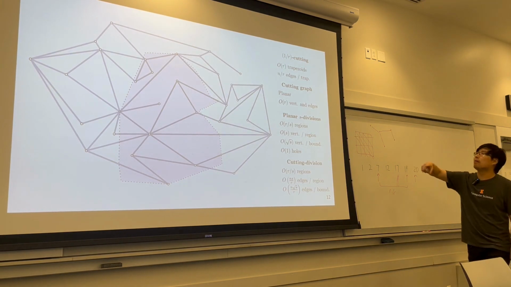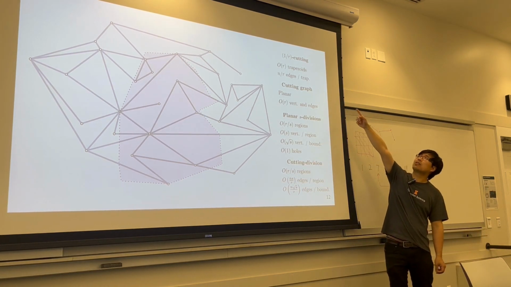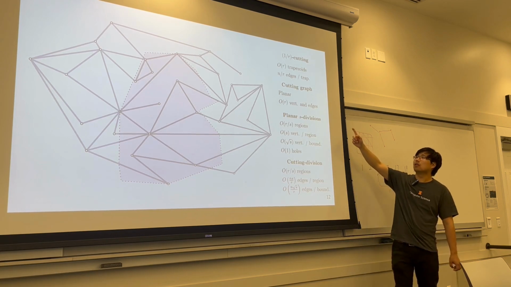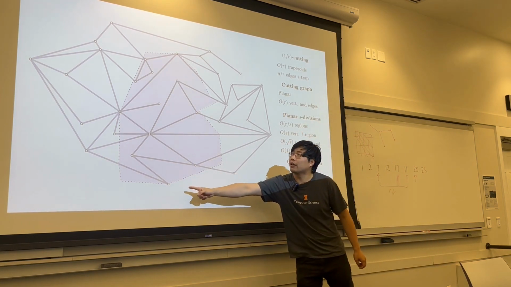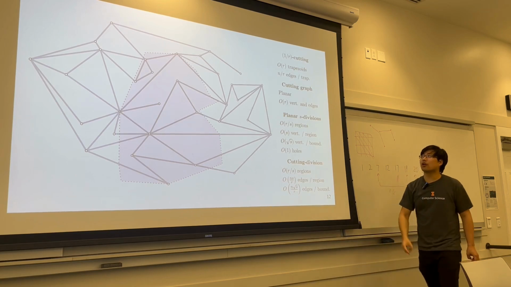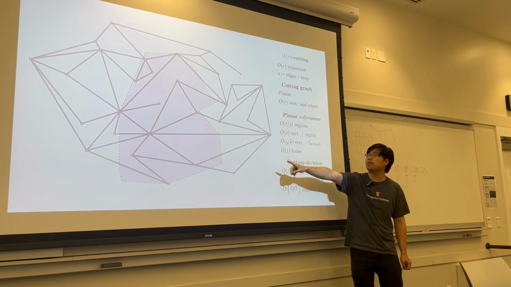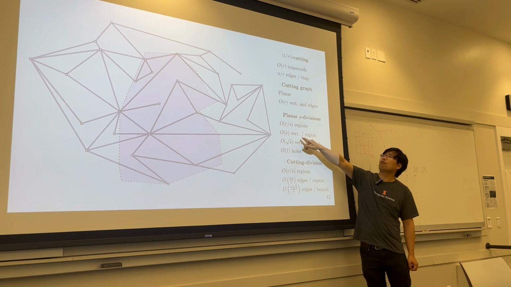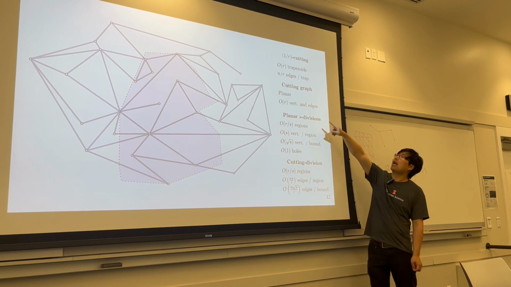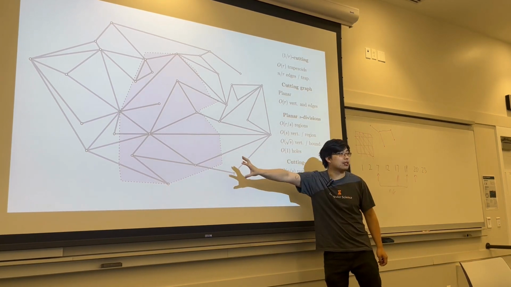If you lift it back up to the original graph, because of the way we constructed this using this cutting, we can now look at this separator as a cycle or as a connected curve in the original graph. Each vertex here corresponded to a trapezoid, so each vertex means that there are some number of edges inside.